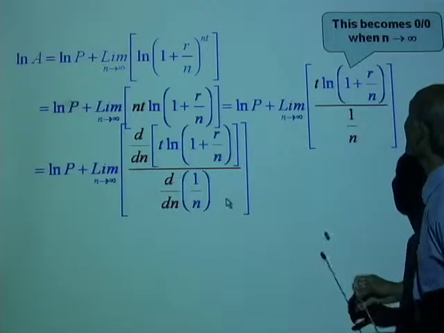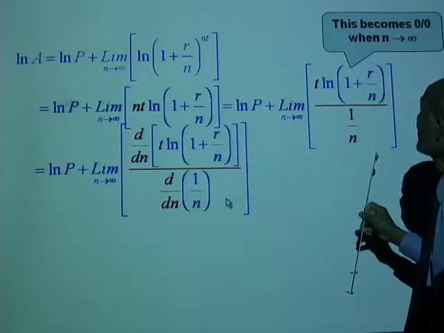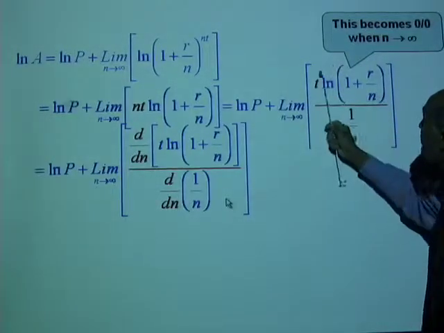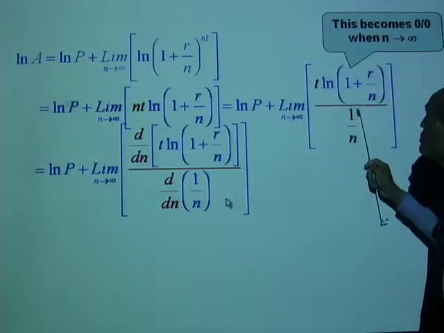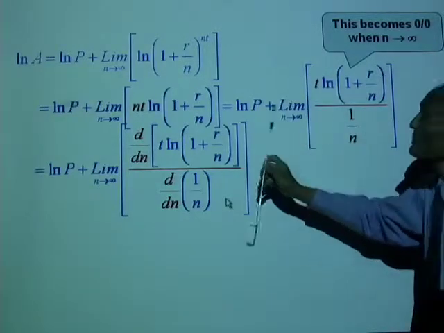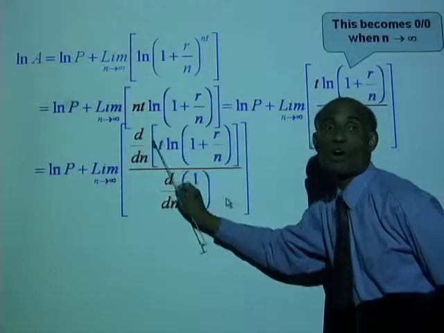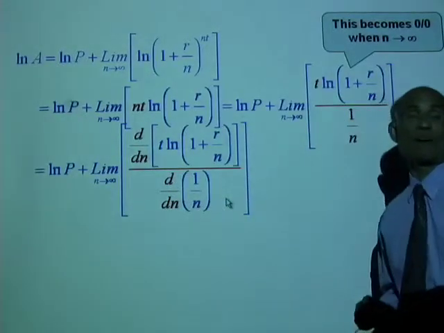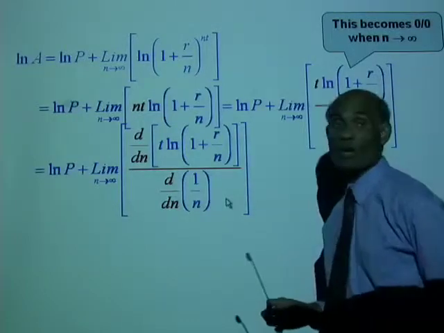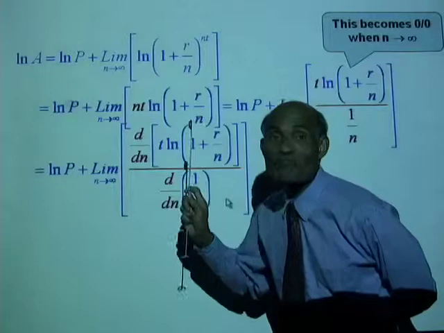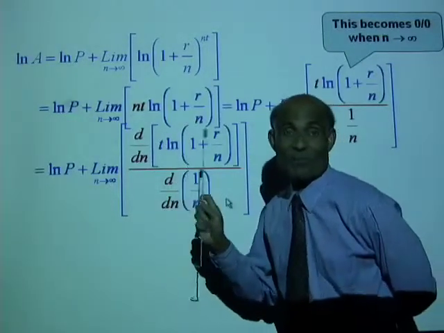And therefore, the limit of f of x divided by g of x, because this is of the indeterminate form, can now be written as the derivative of the numerator divided by the derivative of the denominator. Now, I want to warn you here. Remember, t is not a variable in this case. Why?